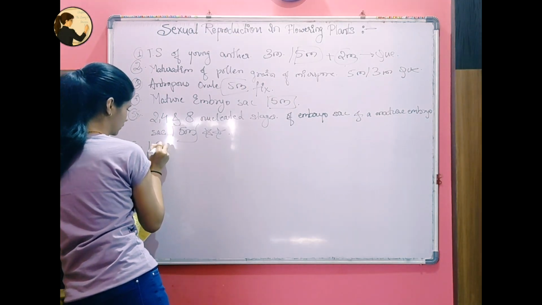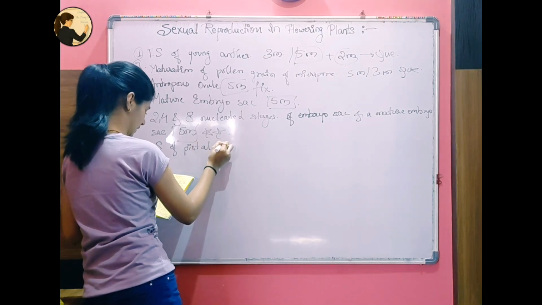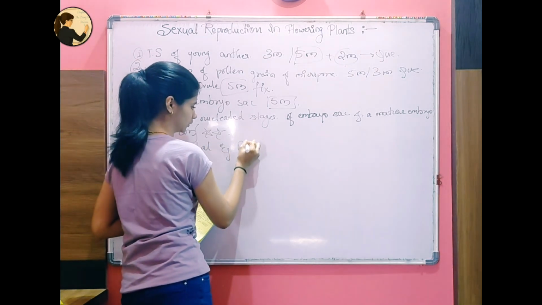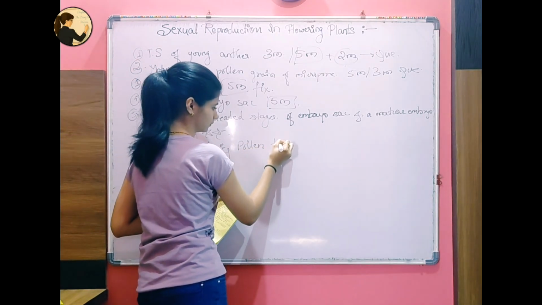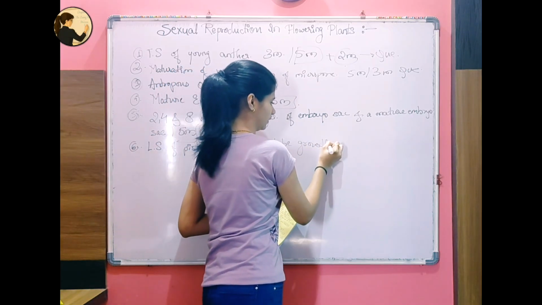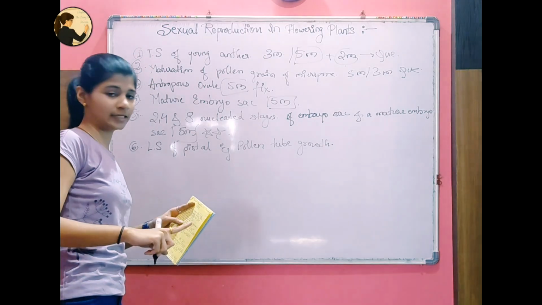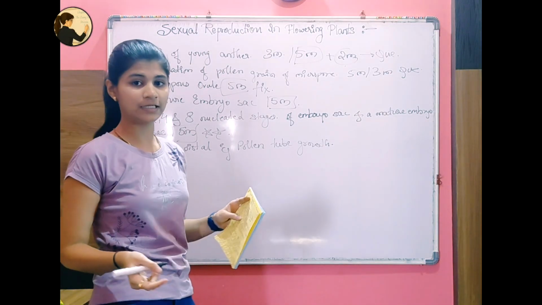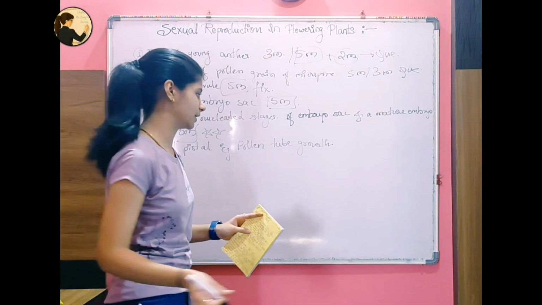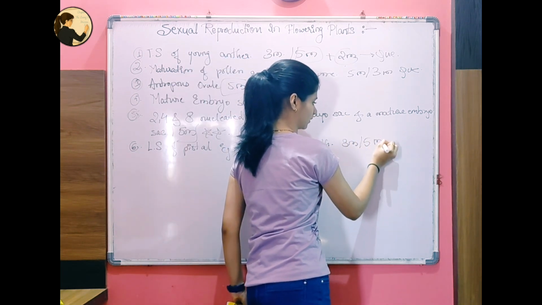LS of pistil and pollen tube growth. See, for this question you might get 3 to 5 marks. If it is for a 3 marks diagram, then you have to write some points. So I write here 3, 5 mark question.